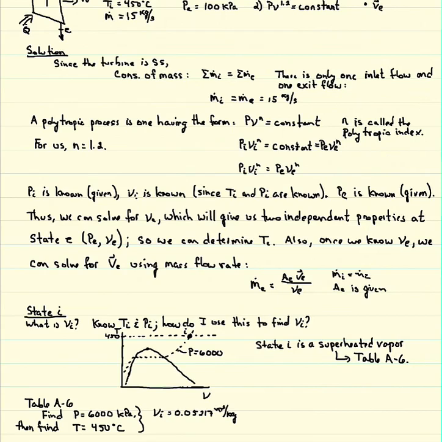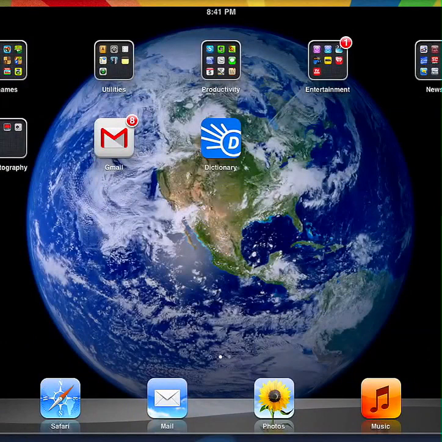Okay, so I can show you, if I can manage to get my iPad to go to the computer screen well here, I can show you in table A6 where that table entry occurs. So, photography, camera, and I think I can just do it right like so.